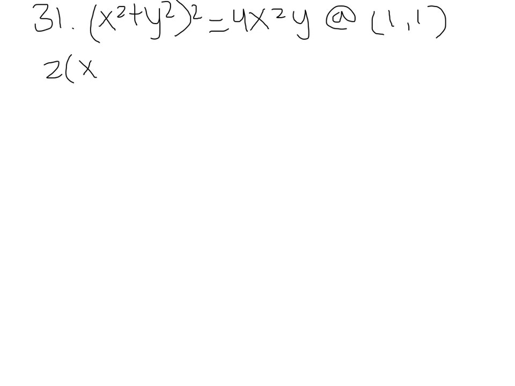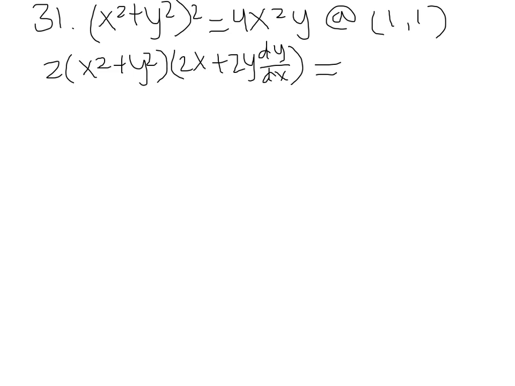So we get x squared plus y squared. Then do the derivative of the inside, so it's going to be 2x plus 2y dy/dx because it has to be with respect to the variable. And then on the other side, we're just going to do some product rule.